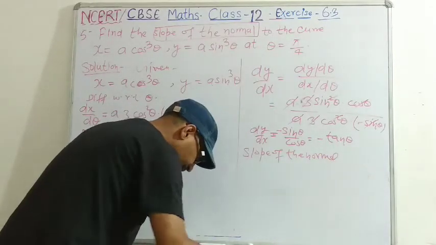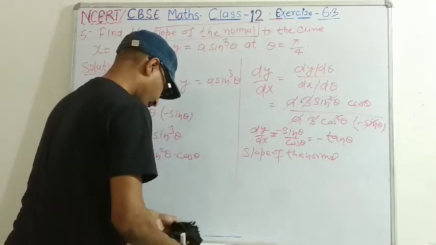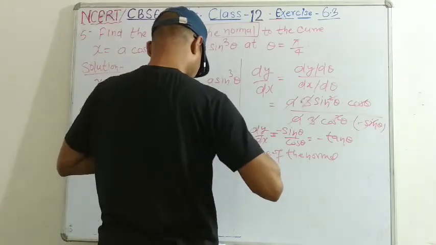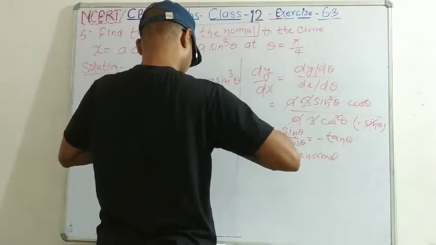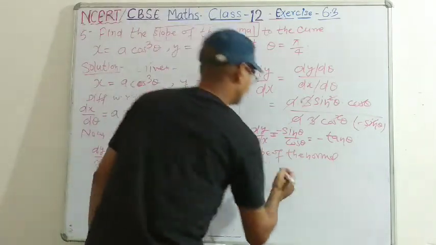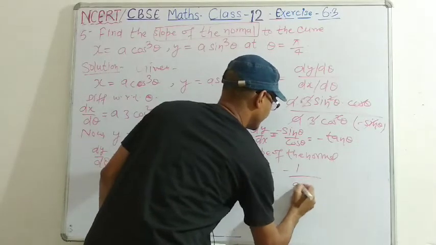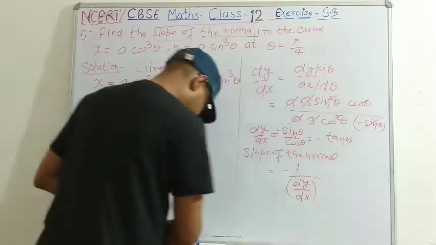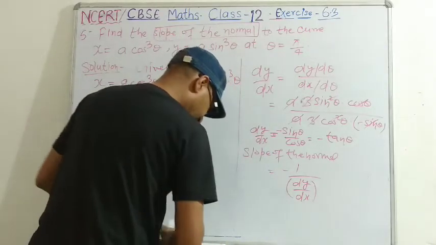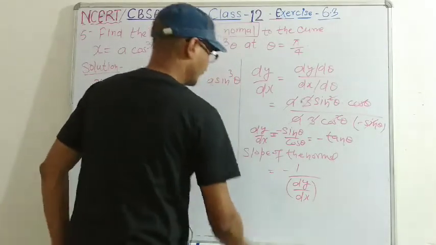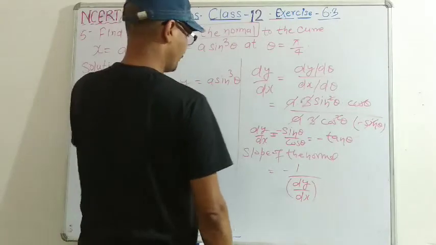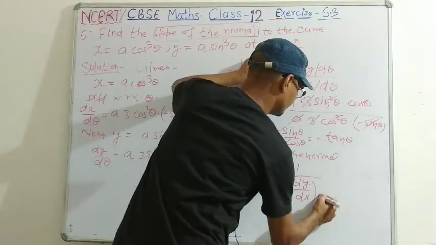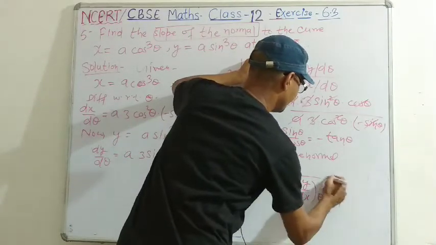Slope of the normal, this formula was minus 1 by dy by dx. See the question, theta is equal to pi by 4.